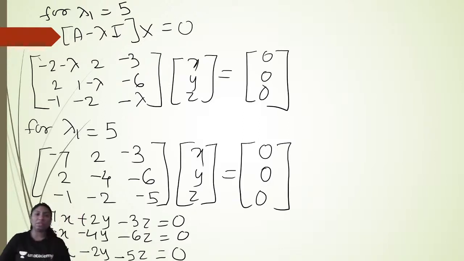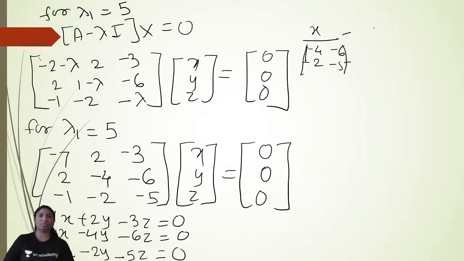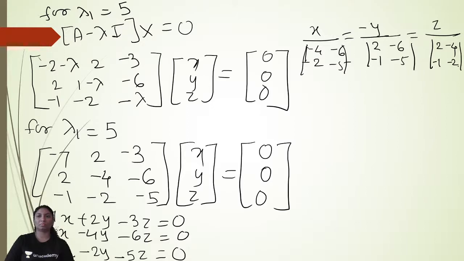Okay. So by using Cramer's rule, we can find the solution. So x upon the determinant of minus 4, minus 6, minus 2, minus 5, equal to minus y upon the determinant of 2, minus 6, minus 1, minus 5, is equal to z upon the determinant of 2, minus 4, minus 1, minus 2. Okay.